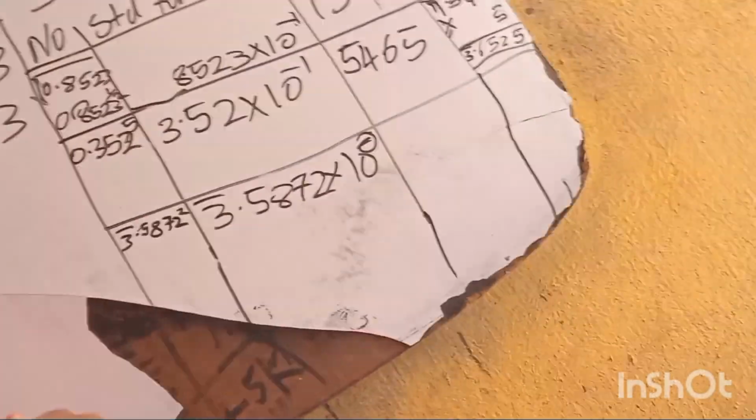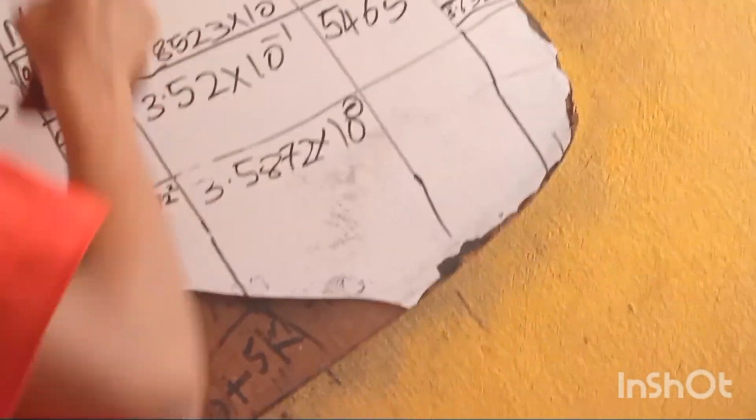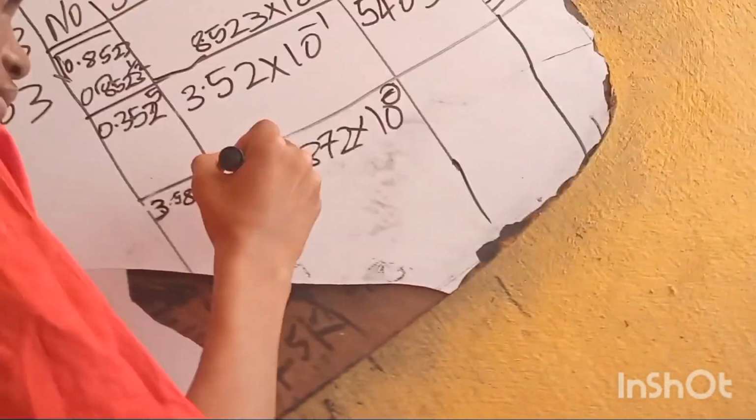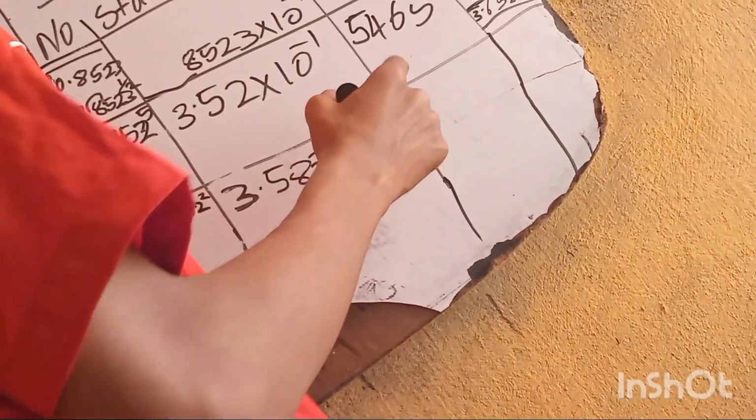That is the standard form of this number. So we remove the bar. 3.5872 times 10 to the power 0.